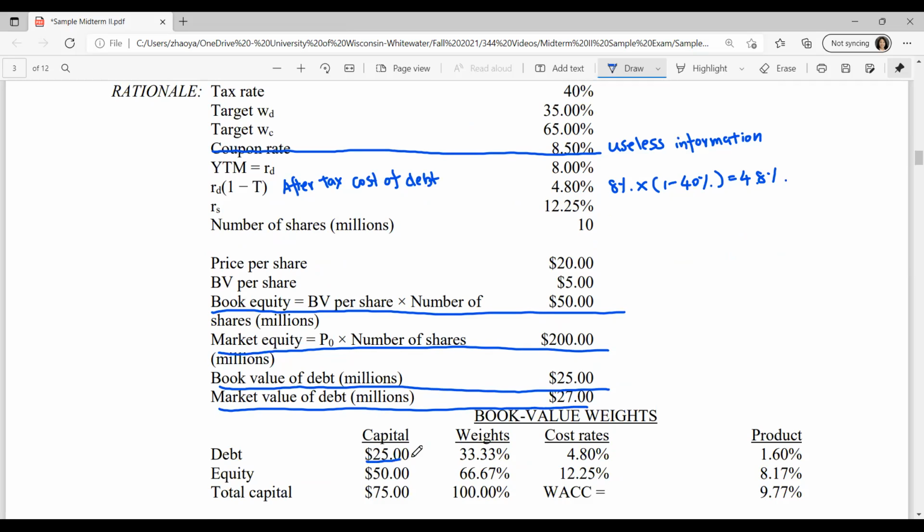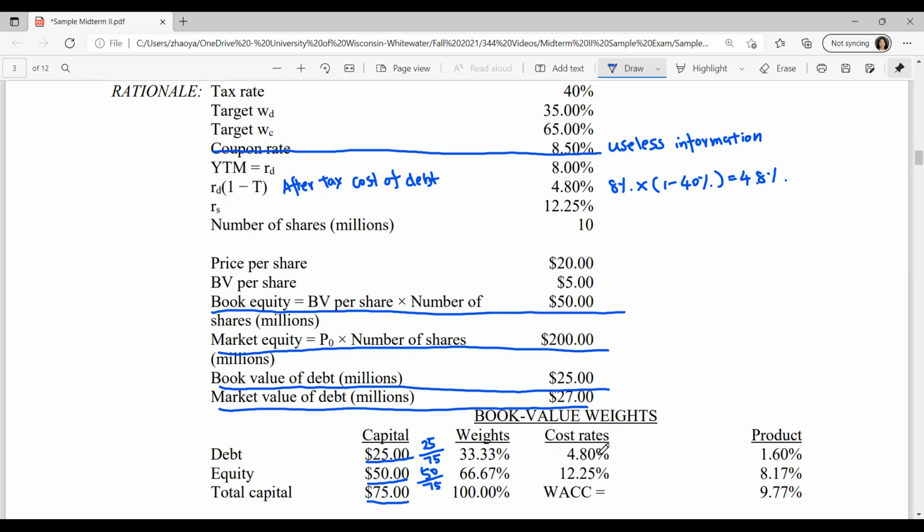First one, book value capital structure. Book value of debt is 25 million. Book value of equity is 50 million. So the total book value for this company is 75 million. Weight of debt using book value is 25 divided by 75. It's 33.33%. Book value weight for equity is 50 million divided by 75 million, which is 66.67%.